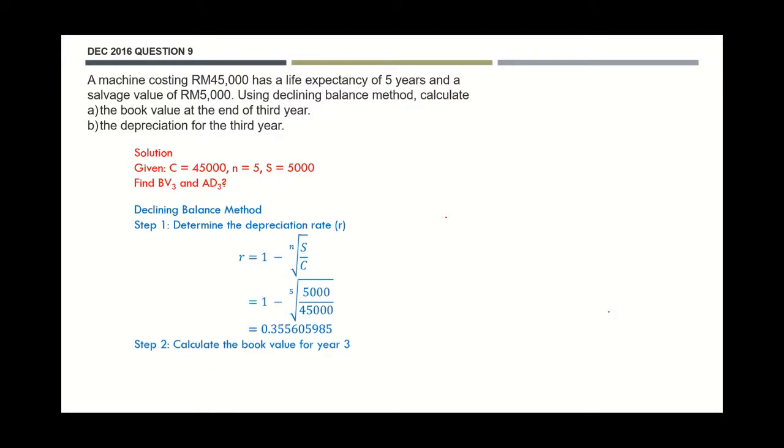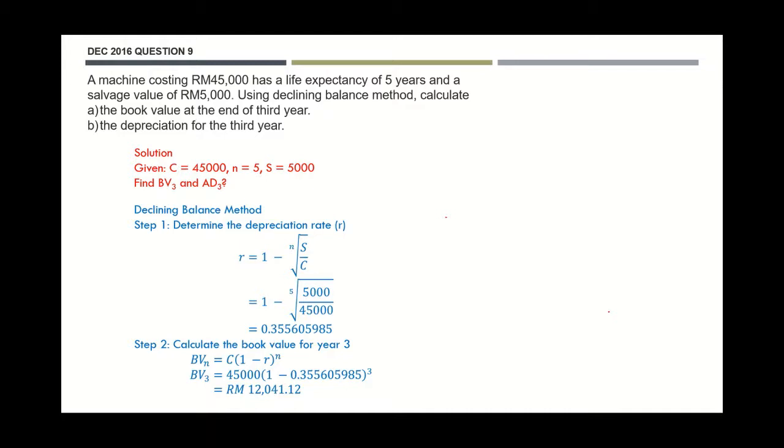Okay, once you have found the depreciation rate, now you can determine the book value at the end of the third year. Using the book value formula for the declining balance method, BVn equals C(1 minus R) to the power of n. In this case, n is simply equal to 3, because we're looking at the end of the third year.